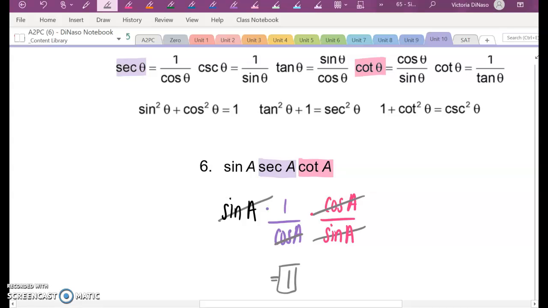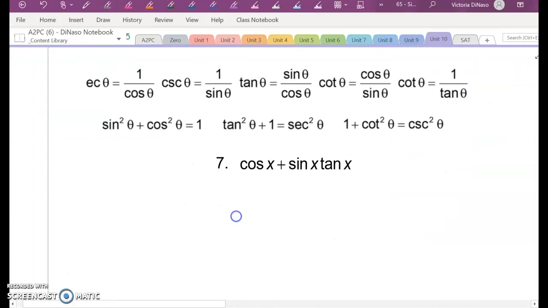Next one. Right now we cannot use any of the Pythagorean identities because nothing's squared. However, when I change tangent, everything else is going to remain the same. So we have cosine x plus sine x times, and then tangent is going to change into sine x over cosine x.